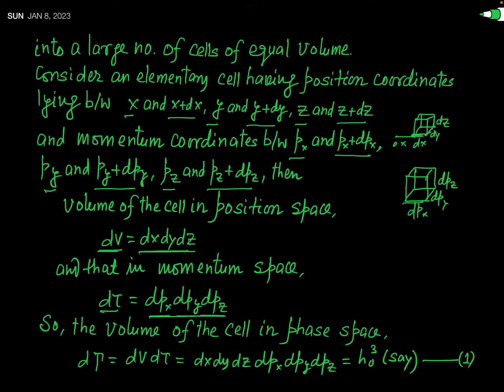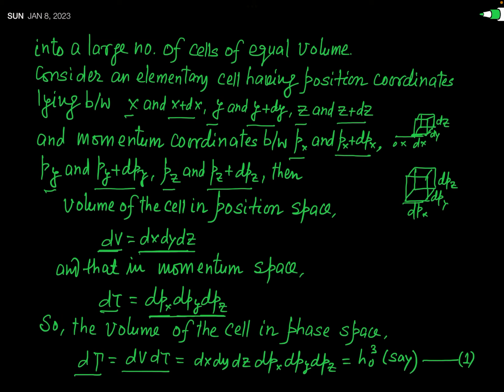And as you know that phase space is actually a superposition of the position space and the momentum space, and you have learnt in the previous lecture that a volume element in phase space is given by the product of the volume in position space and the momentum space.